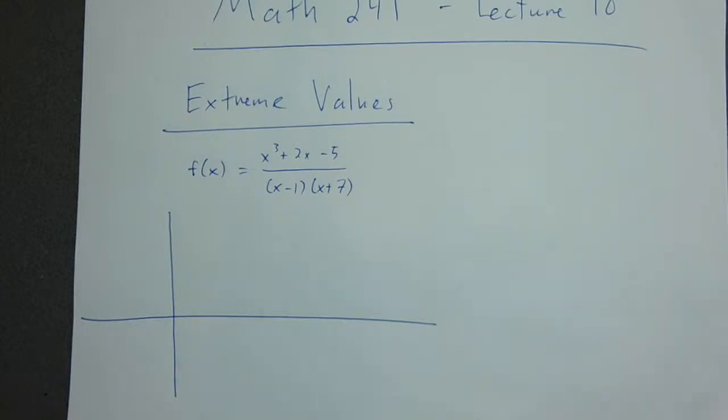A horizontal asymptote is a limit at infinity. Vertical asymptotes are where the function limits to infinity at some finite x. So vertical and horizontal asymptotes, y-intercept, x-intercept, and then other points of interest would be places where this thing had relative mins and relative maxes. That was what was important.